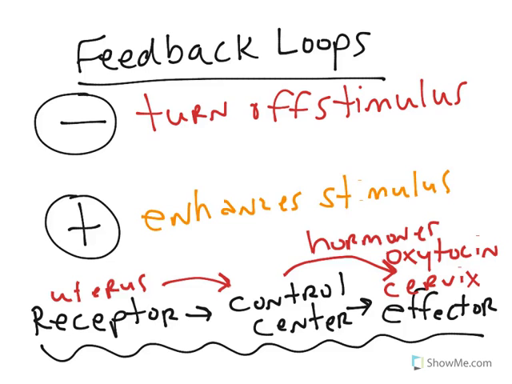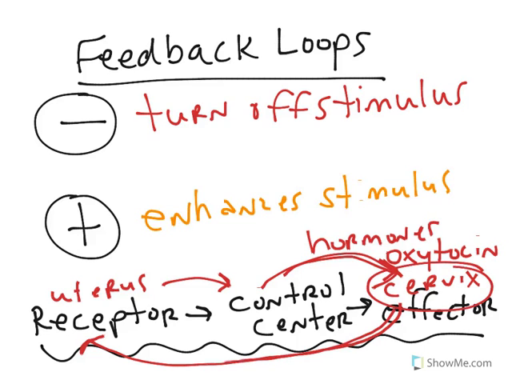When the cervix dilates, it communicates back with the uterus that there is dilation. The uterus then tells the brain about this, and there is more oxytocin release, which causes more dilation of the cervix. So we see this loop happening, but each time it's getting bigger and bigger until the ultimate goal is achieved.